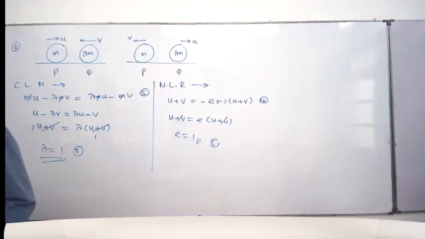Question number 7. A balloon carrying a small uniform ball starts from rest from a point on the ground at time t equals 0 and moves vertically upwards with uniform acceleration f, where f is less than g.